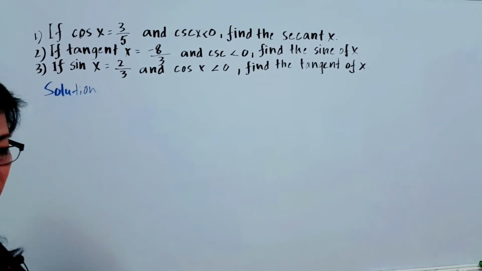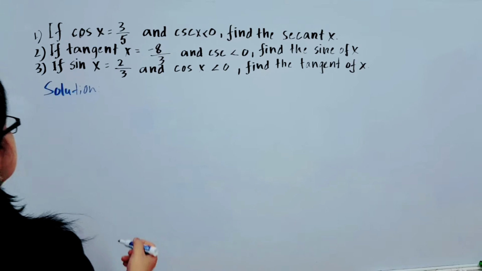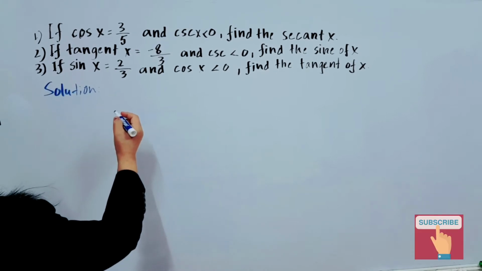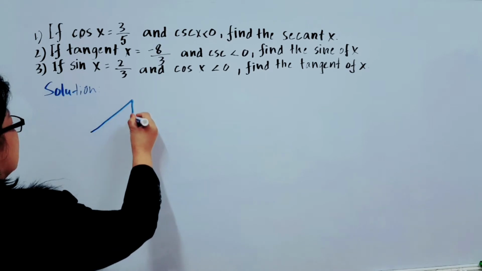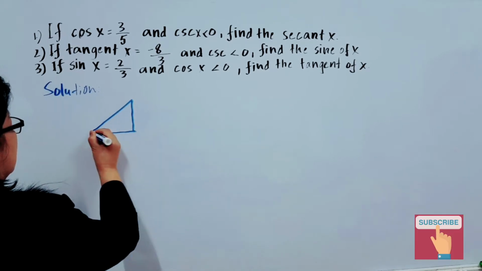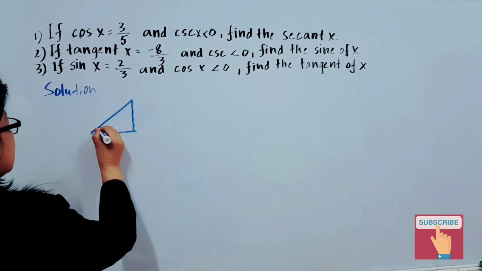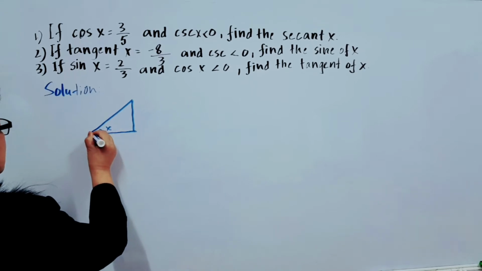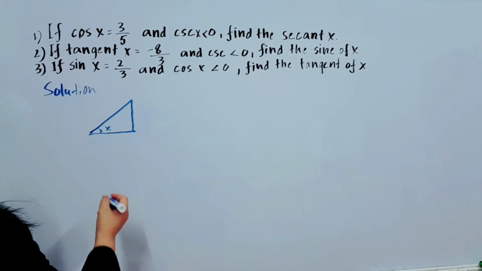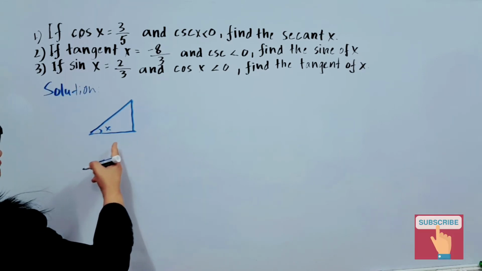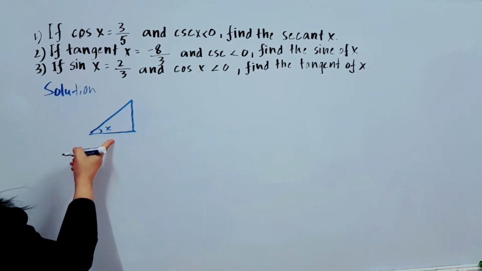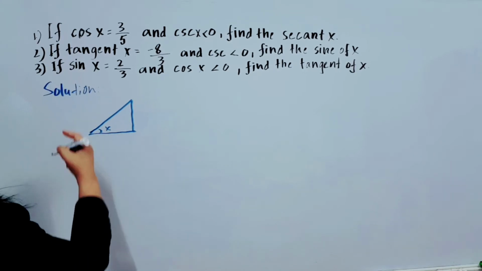To solve question number 1, it says here that cosine x is equal to 3/5. So if we have this triangle and we have this angle x, cosine, as we mentioned earlier, is equal to the adjacent over the hypotenuse.